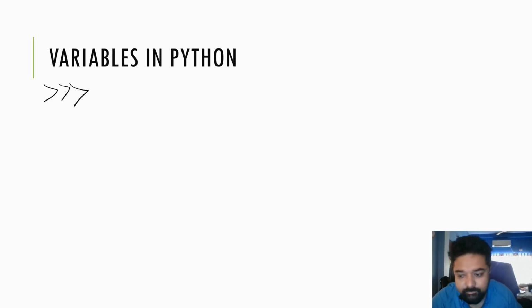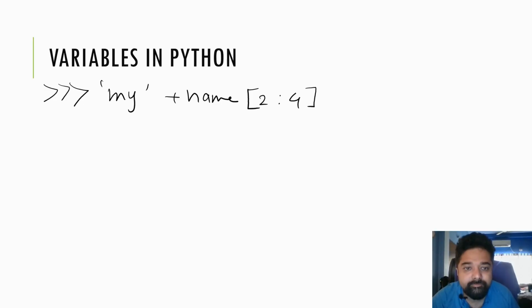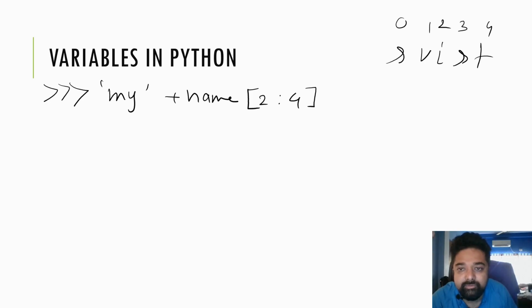Now if I write my plus the class name, the new string is my, then the concatenation sign, then the name SPIST, 0 1 2 3 4.